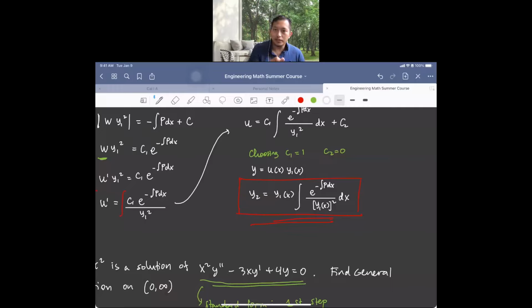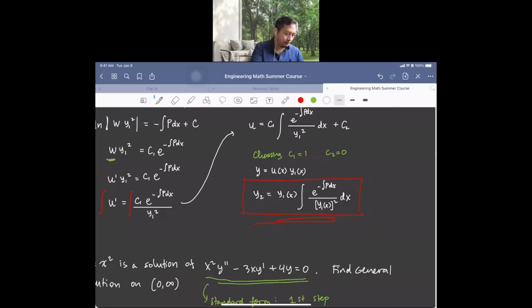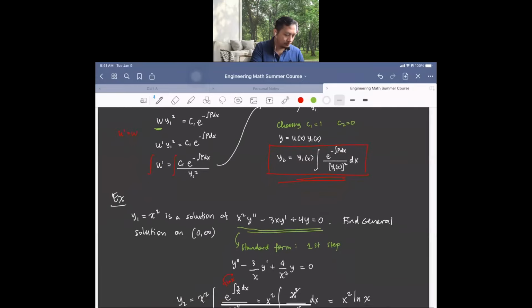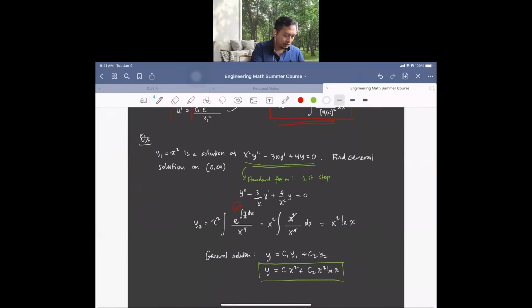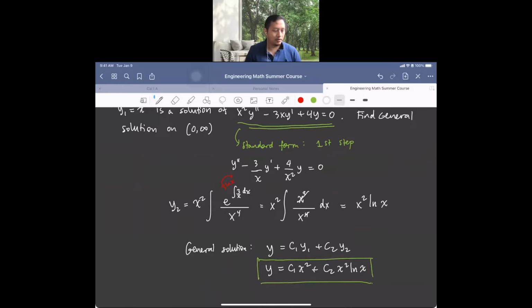You are certainly going to find the final answer. Like this one, we just input the formula, and then we get the second solution, and we can input the second solution in our general solution, and that's what we have.